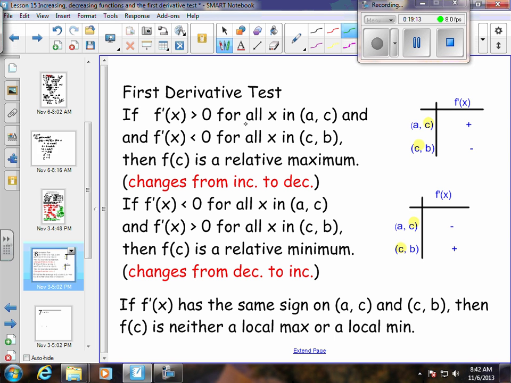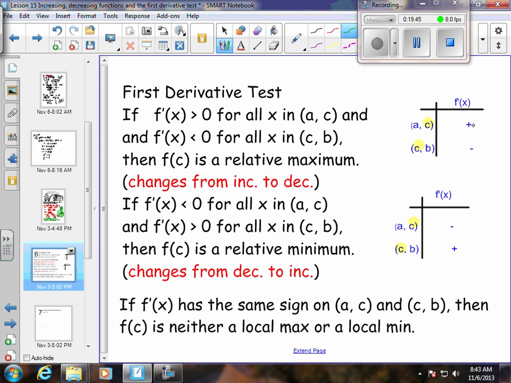The first derivative test. If the derivative is greater than 0, which means it's positive, for all x in some interval, and then negative for all x in the next interval, then that means that f of c, the number common to those intervals, is a relative maximum. Think about what that's saying.